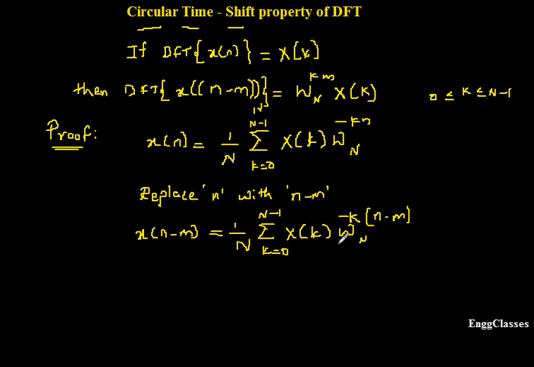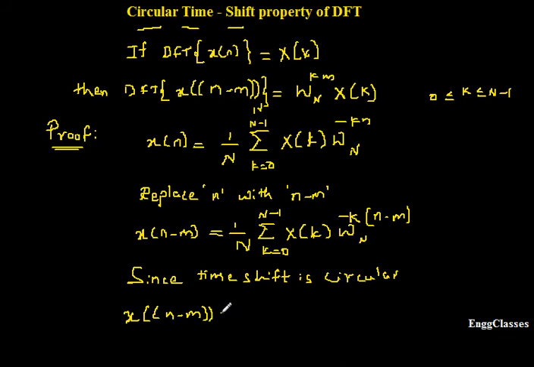Is that okay? Next, since time shift is circular, what does it mean? Ultimately, I want to write this expression as x of double parenthesis n minus m. I cannot simply write x of n minus m being replaced with x of double parenthesis n minus m. It is not possible. I should know the concept behind it.